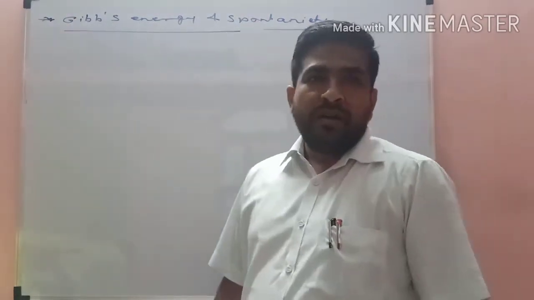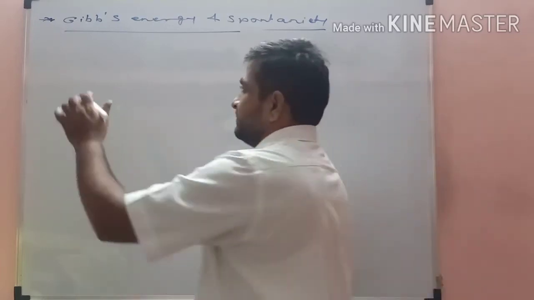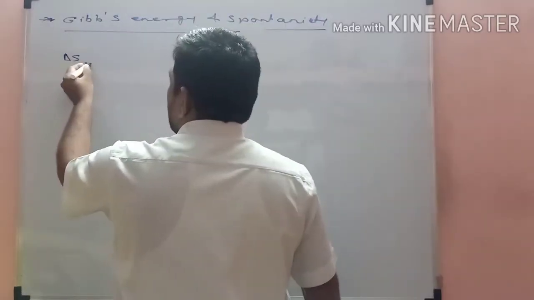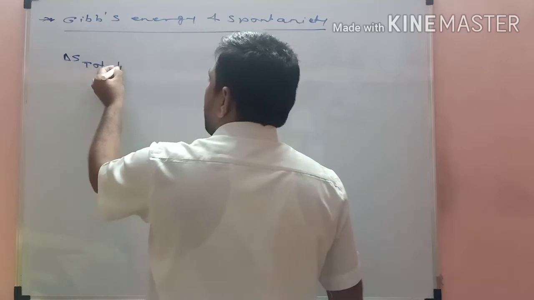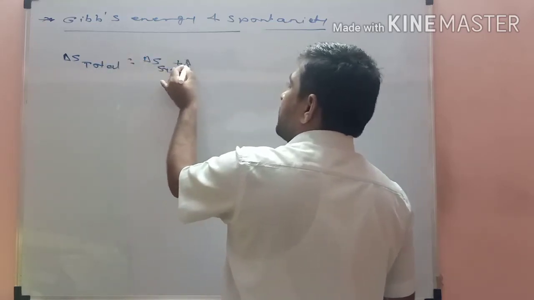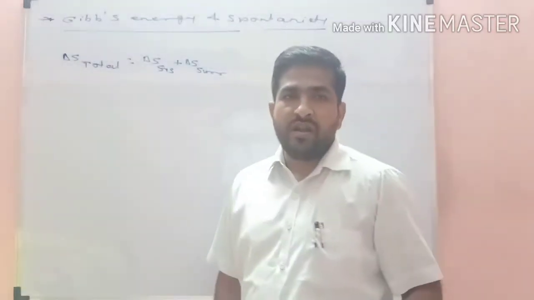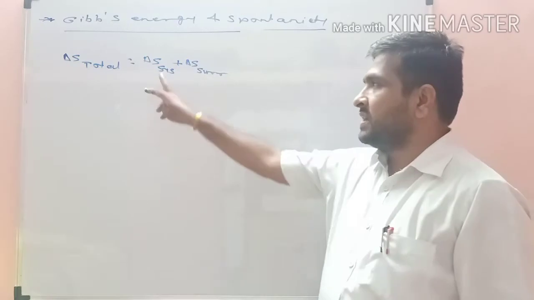The total entropy change of the process is given by entropy change of system plus entropy change of what? Surrounding. ये टोटल एंट्रोपी चेंज ऑफ द प्रोसेस है.